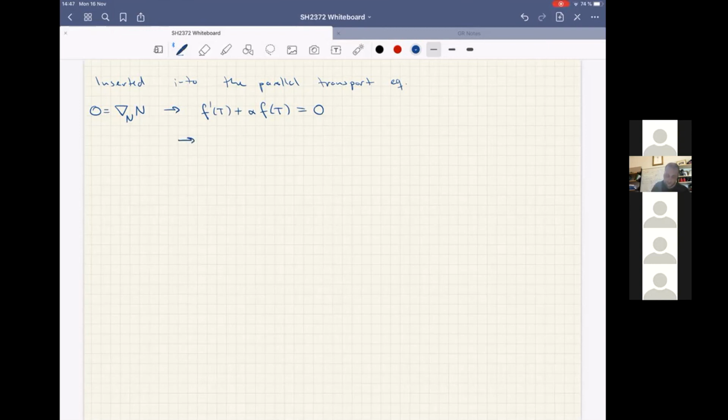It just means that f prime is some constant times f itself. So f as a function of t is going to be f0 e to the minus alpha t. So this is essentially the solution.